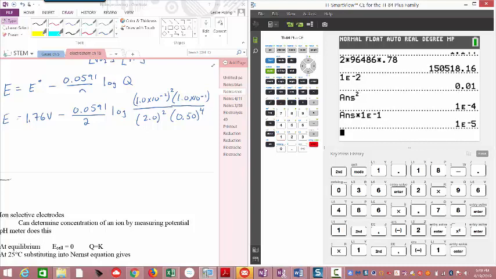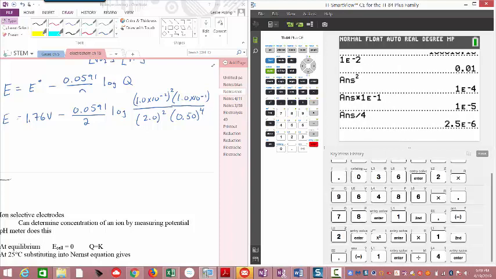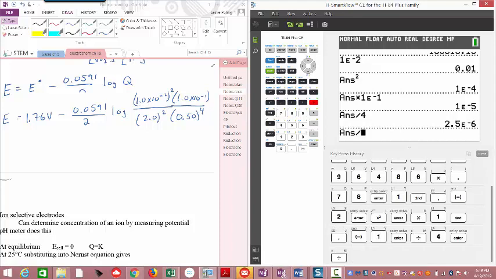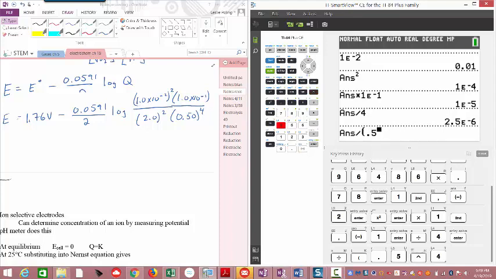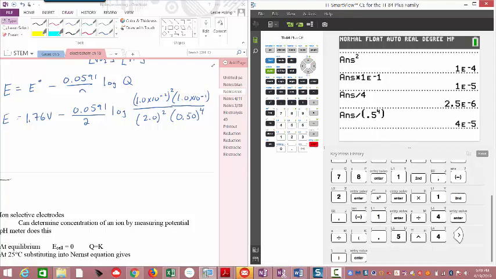Alright, now I need to divide that by 4, because that's 2 squared. I also need to divide that by, put this in parentheses just to be safe, 0.5 raised to the 4th power. Okay, so I am going to be taking the log of 4 times 10 to the minus 5.